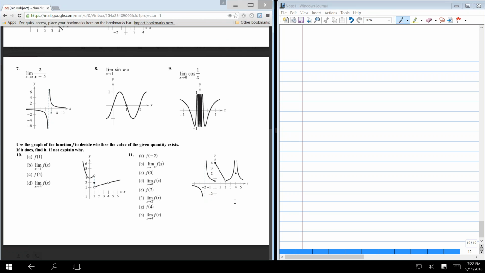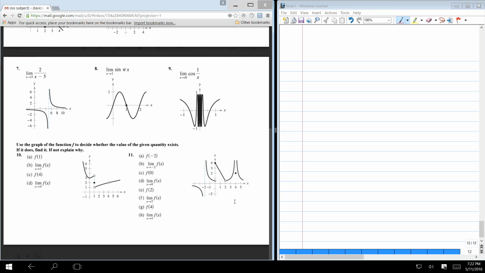What's f of minus 2? Does not exist. What's the limit of f of x as we approach minus 2? Okay, so from the left, it's going to negative infinity.